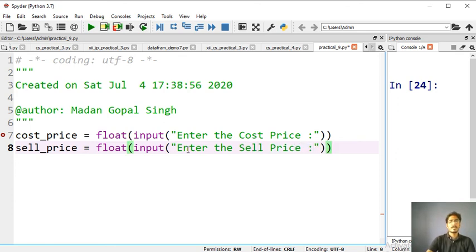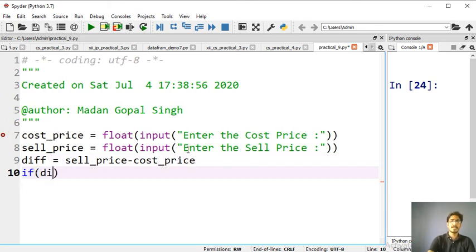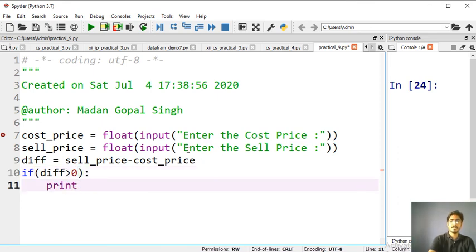Okay, now we will calculate the difference: sell price minus cost price. Then if the difference is greater than 0, that means profit.